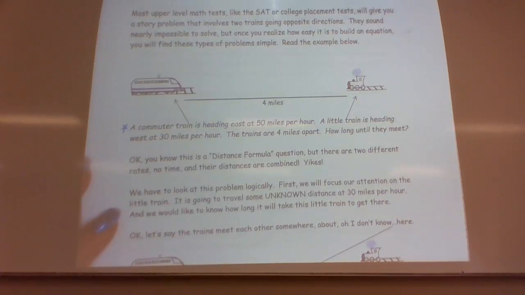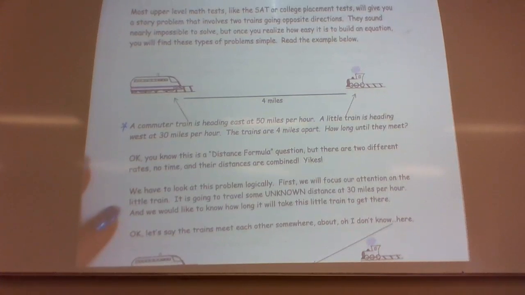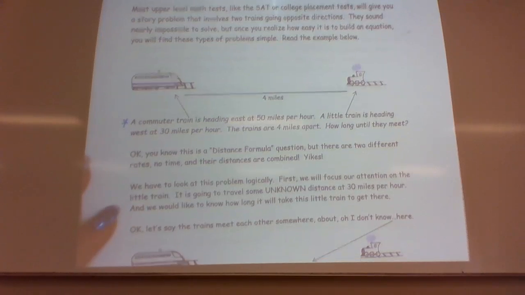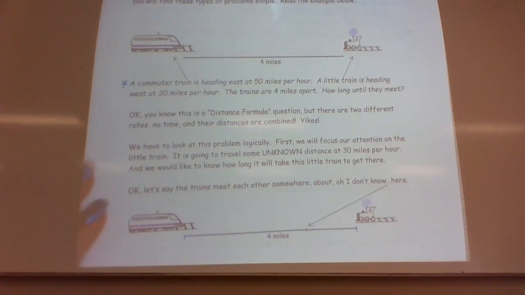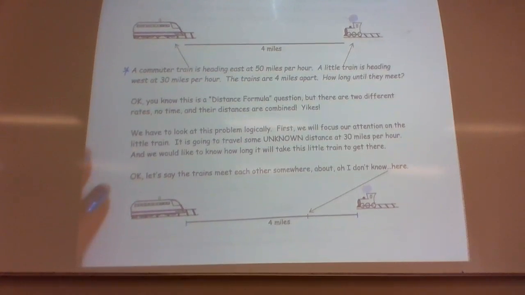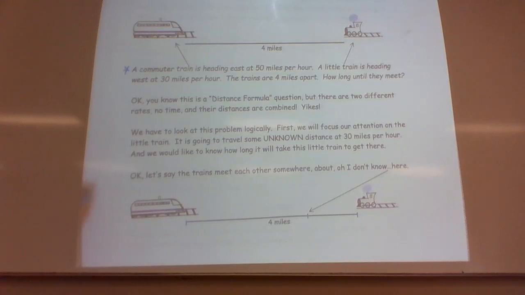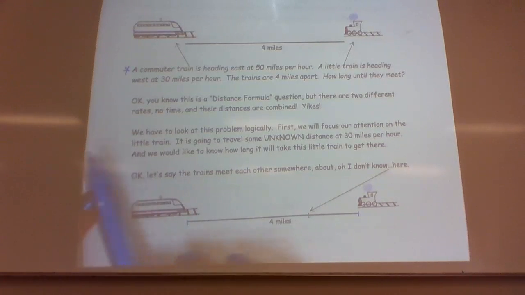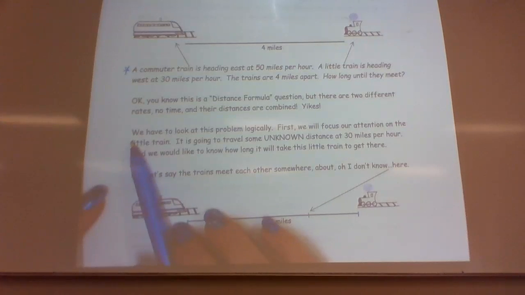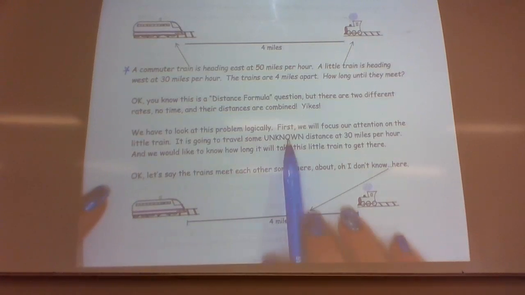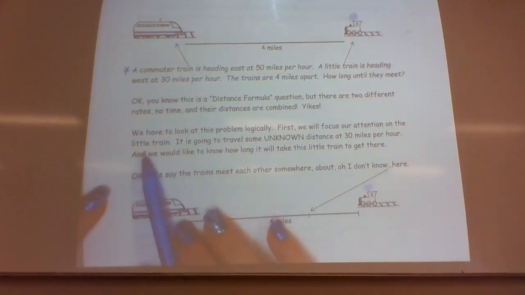Okay? So we know this is a distance formula question, right? But we have two different rates, no time, and their distances are combined, which makes things a little interesting. They have an explanation here, and I'm going to read it for you. We have to look at this problem logically. First, we're going to focus our attention on the little train.